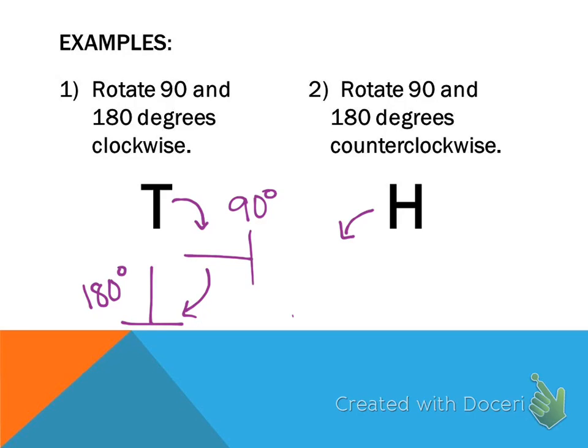Going back to the T or the H, whichever one you would prefer. We'll do the H ones on here just so they're in the video for us also. If we were to do either of these and do it another 90 degrees, so we do it 270 degrees, that's going to turn it one more time. So it's going to be sideways again. You can do it on either one of these.